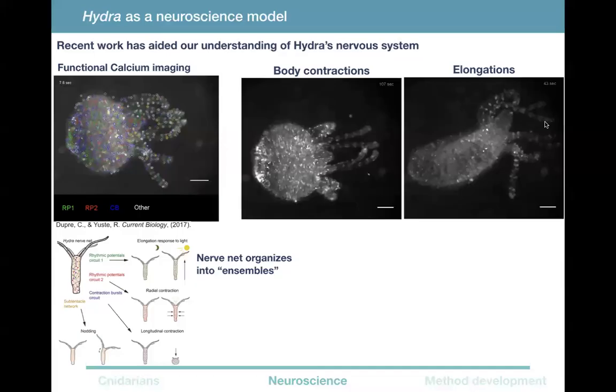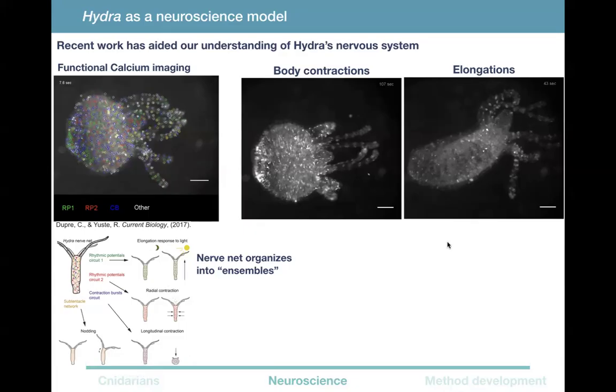Inside the endoderm and the ectoderm, you have lots of neurons of different groups that are overlapping. So what I mean is that the contraction burst is associated with neurons that are in the ectoderm, and so is rhythmic potential 1, which is associated with elongation. They don't seem to interact with each other, so they don't fire together.